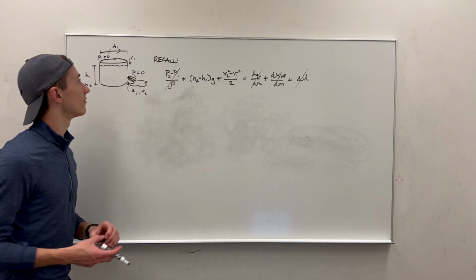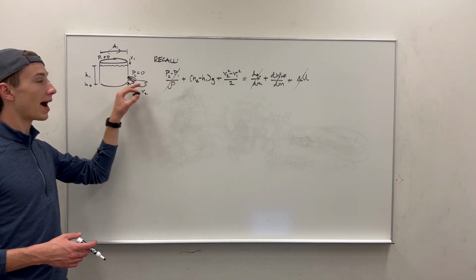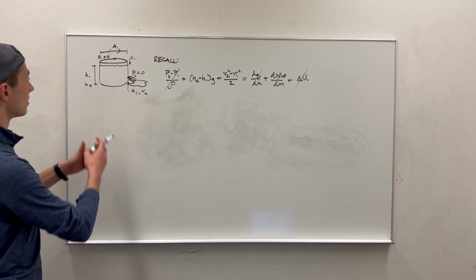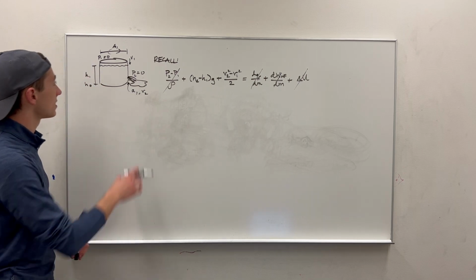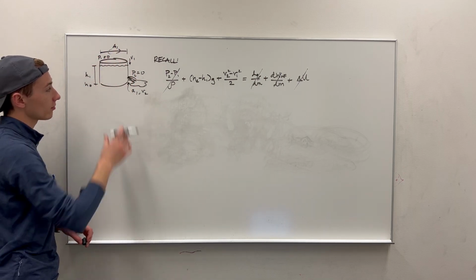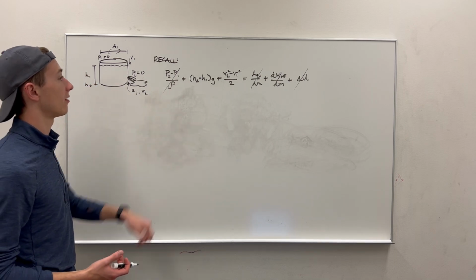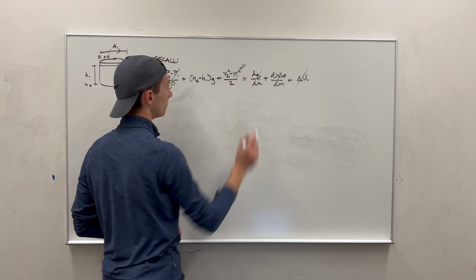For the purposes of this exercise, we're going to say that the hole at the bottom is so significantly smaller than the large cross-sectional area at the top that the velocity of the water moving down through the tank is negligible compared to the water flowing out of the tank. So we're going to call V1 specifically 0.